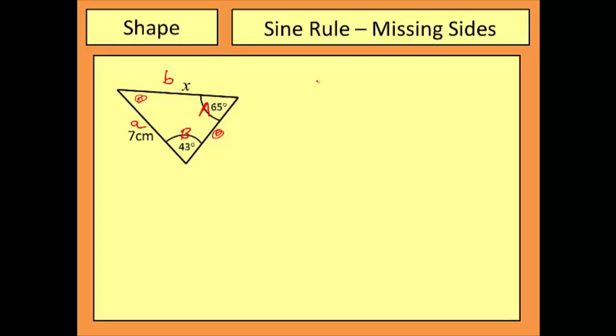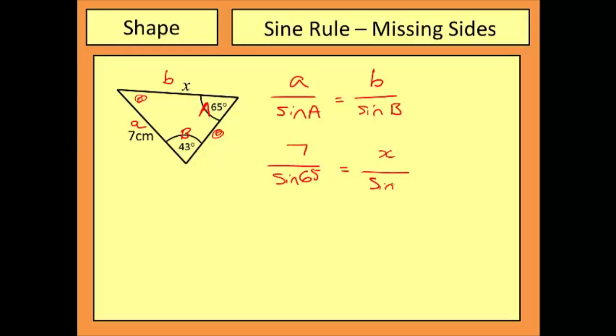I know that the sine rule looks like this: A over sine A equals B over sine B. When I fill in the values from this particular example, I'm going to get 7 over sine 65 is equal to X over sine 43.